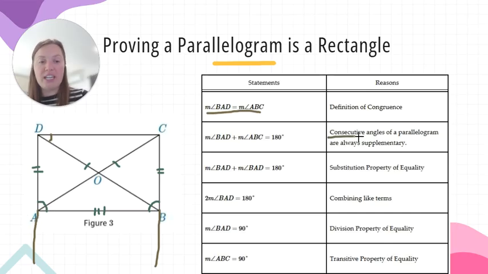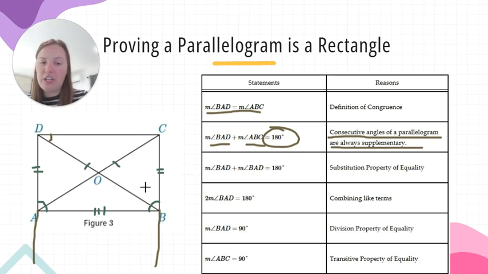And we know that consecutive angles of a parallelogram are always supplementary. So that means in this case, we have two consecutive angles here, and that means that these two angles are supplementary. So our angle BAD and our angle ABC, when we add them up together, we get 180 degrees. However, we showed that they're equal to each other.